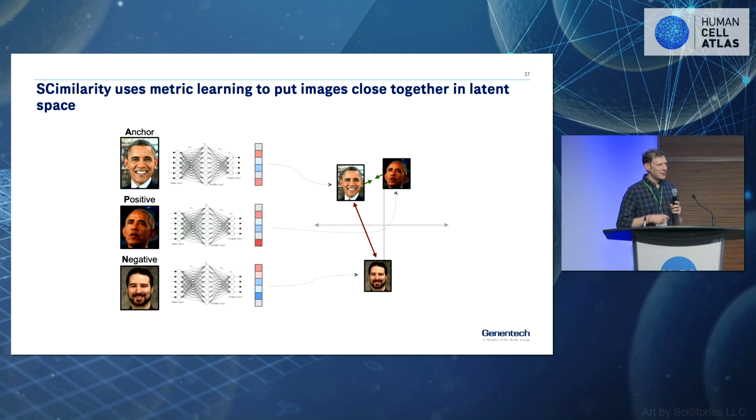You feed it these triplets over and over again, and it learns features of the images that place them in latent space based on the similarities they should have. What makes this special in the machine learning field is that we're learning to relate these images or data points to each other, and we're not trying to necessarily classify one image at a time.